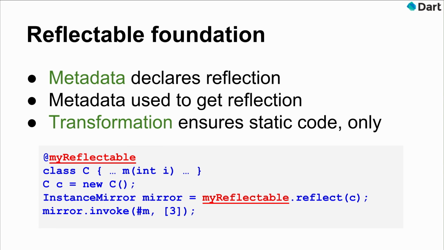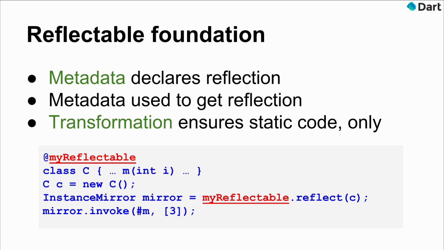Reflectable has a foundation, the basic idea, which is associated with metadata. So you have an annotation on the classes where you want to use reflection. So you declare reflection using metadata, and then you'll also specify which piece of metadata you want to use to get the reflection.